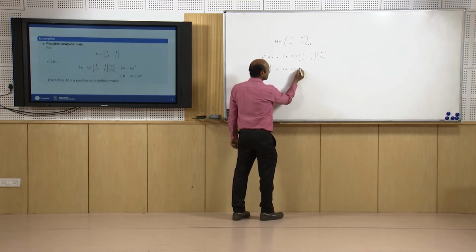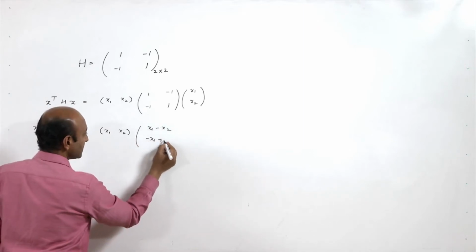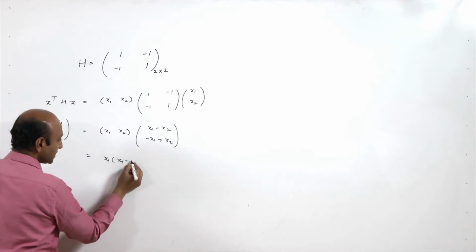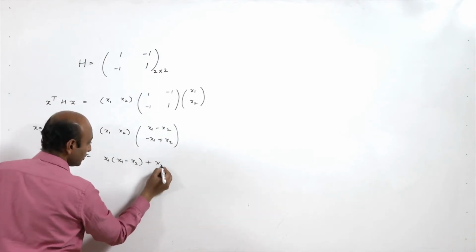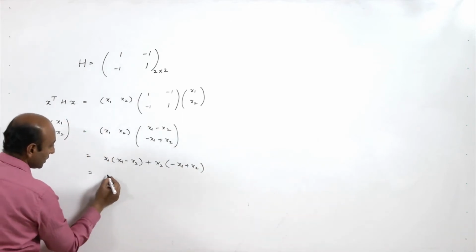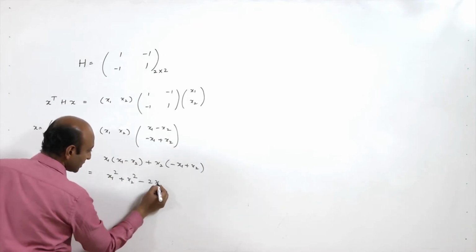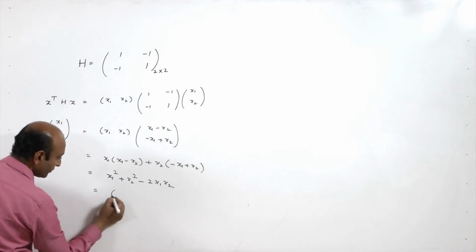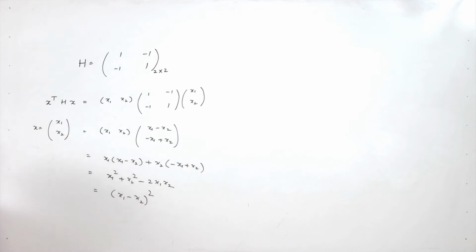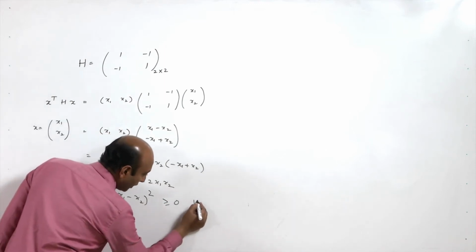It is x1 minus x2, minus x1 plus x2, and this equals x1 times (x1 minus x2) plus x2 times (minus x1 plus x2), which equals x1 square plus x2 square minus 2 x1 x2, and this is (x1 minus x2) whole square. And of course, this quantity is greater than or equal to 0 for all x1 and x2.